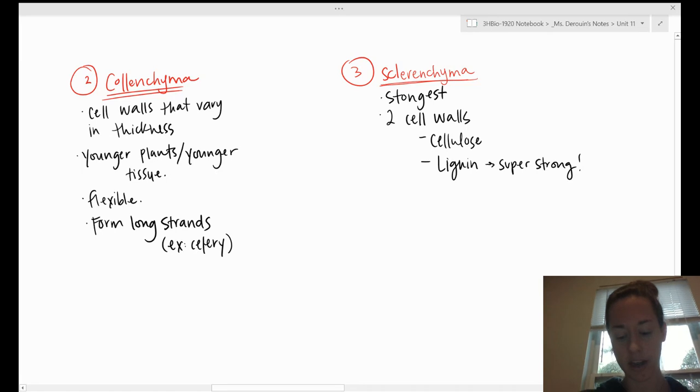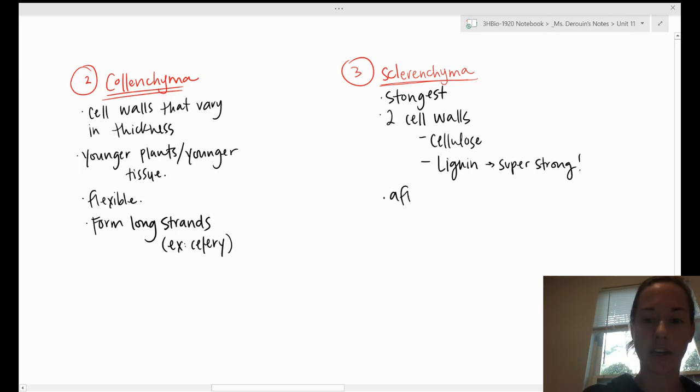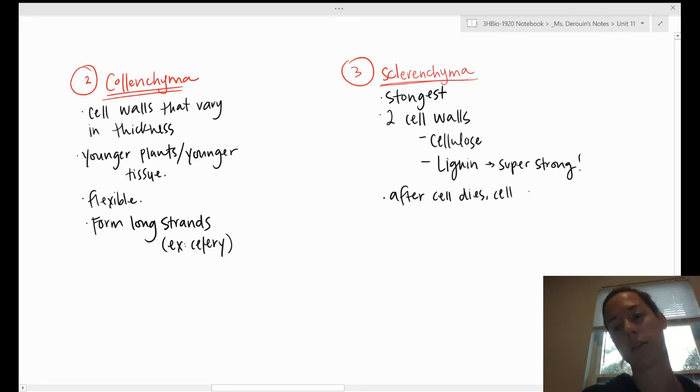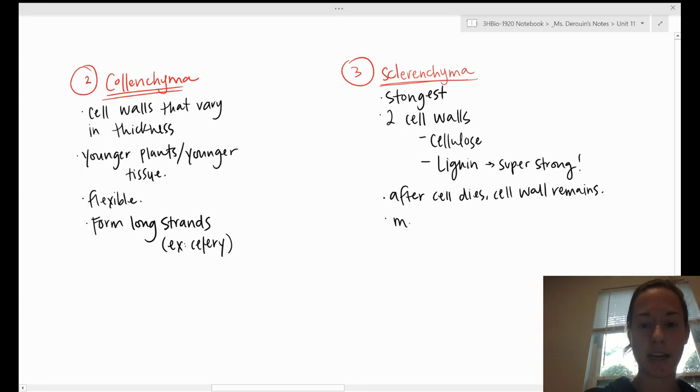If the cell dies, the cell wall remains. And this is going to be the cell type that makes up vascular tissue like the xylem and the phloem.